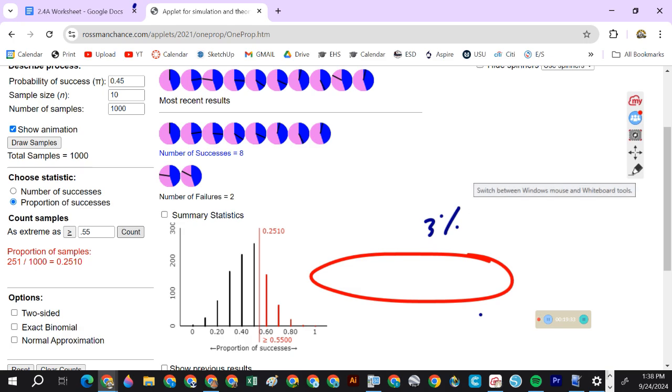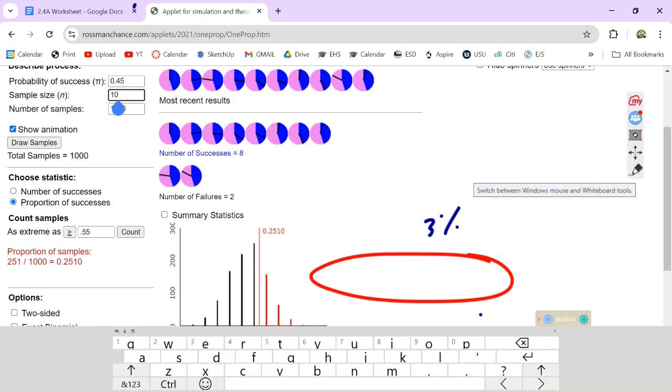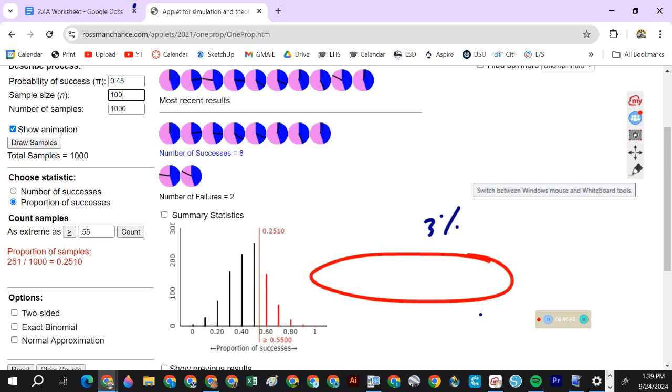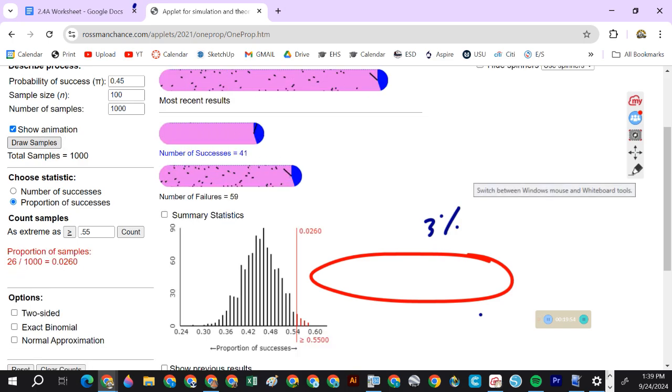All right, so look at that. If you play roulette and bet on red 10 times, your chance of coming out ahead is 25%. Okay? But what if we play 100 times? So we change this to 100. Now what's your chance of coming out ahead? 2.6%. Still worth it?